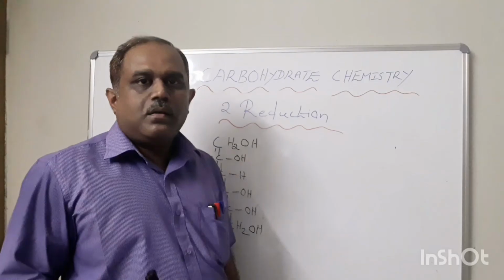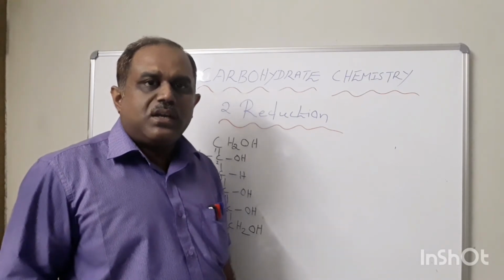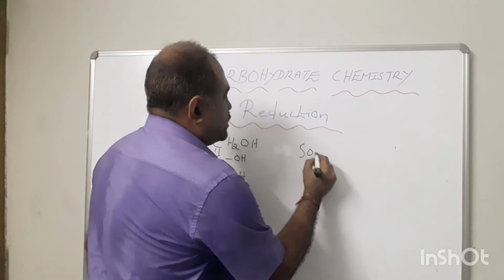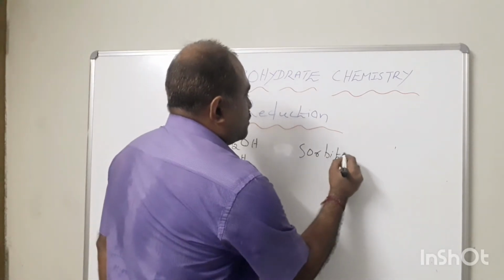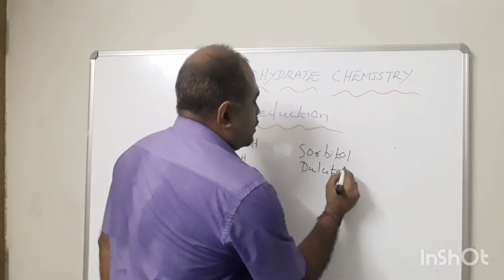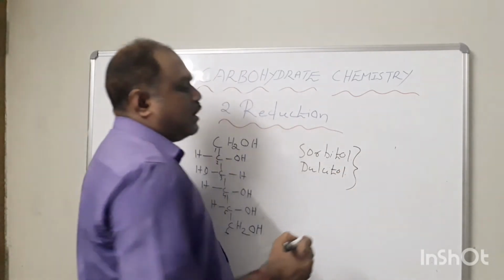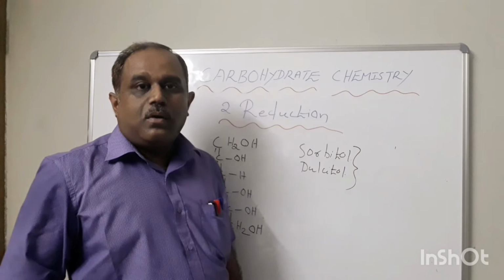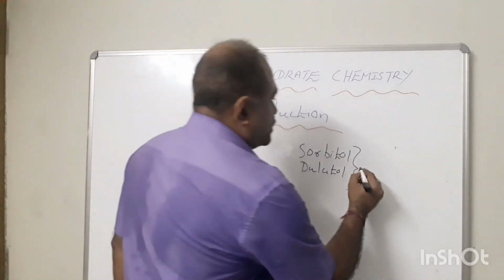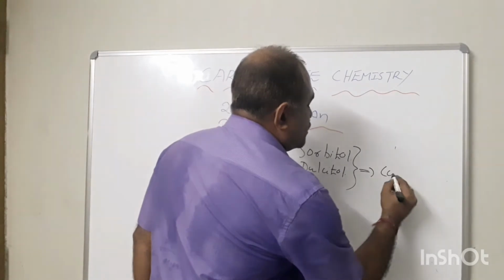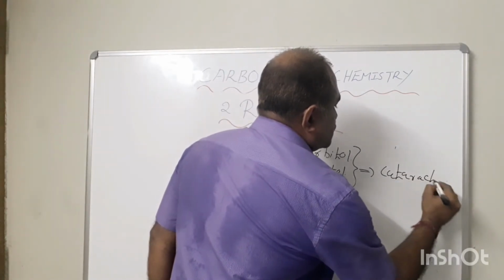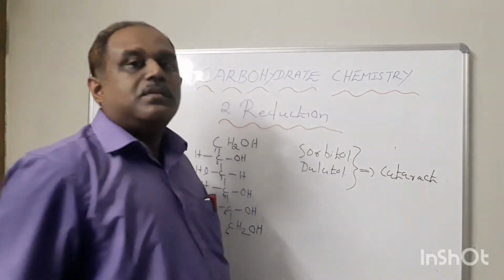Now we should know the clinical significance of sorbitol, dulcitol, etc. Sorbitol and dulcitol, due to osmotic effect, cause swelling of cells. This is responsible for formation of cataract.